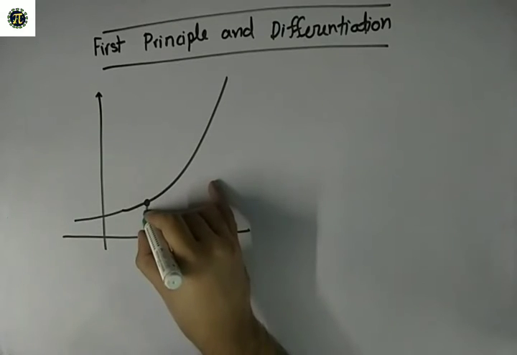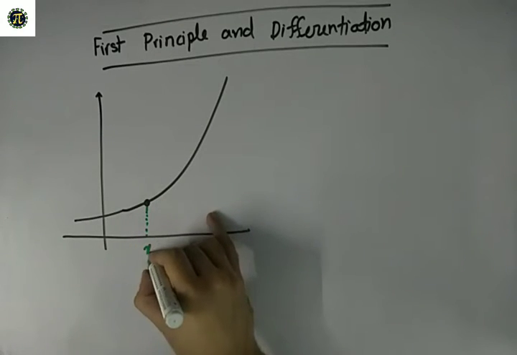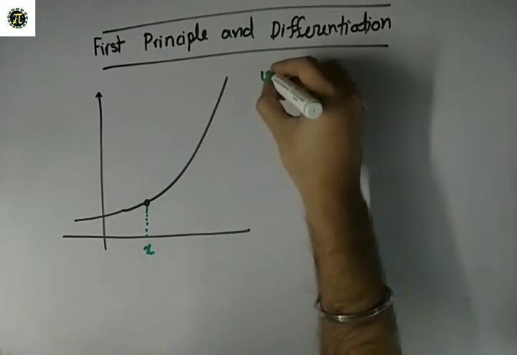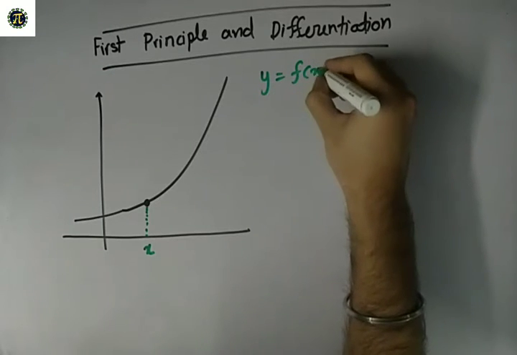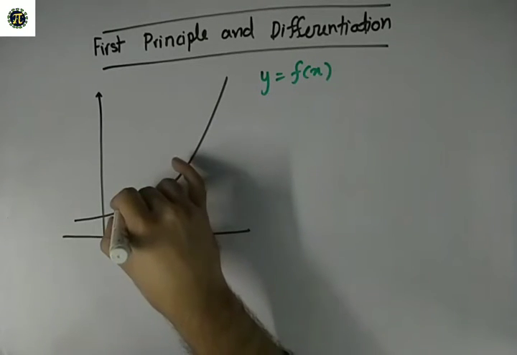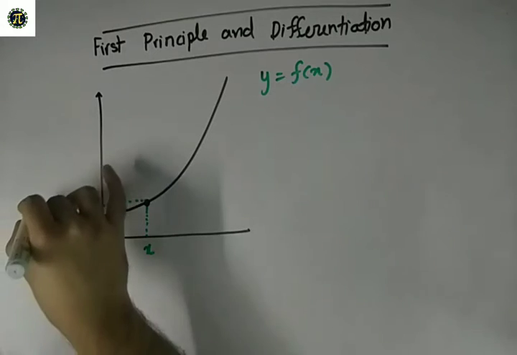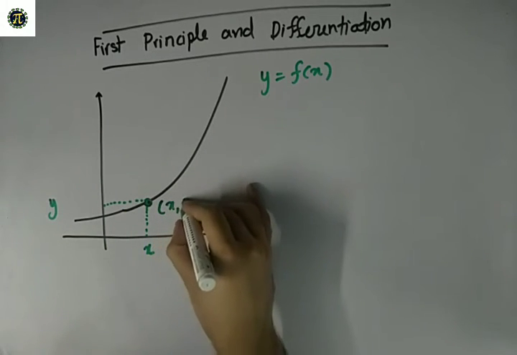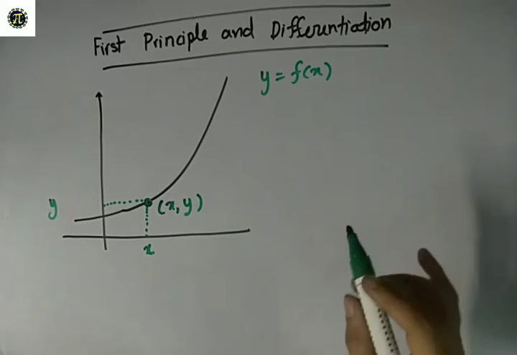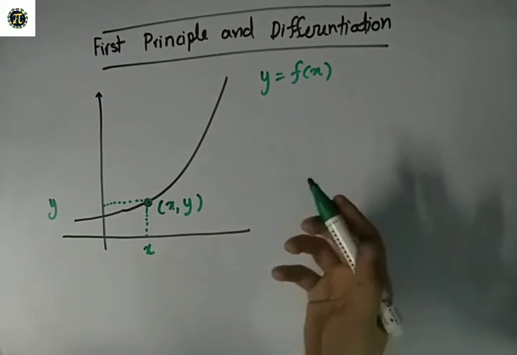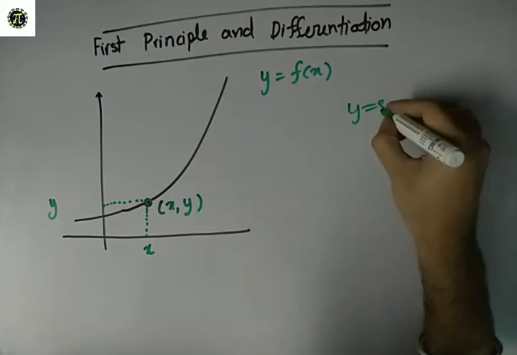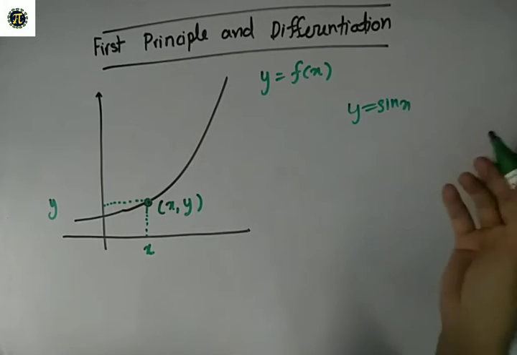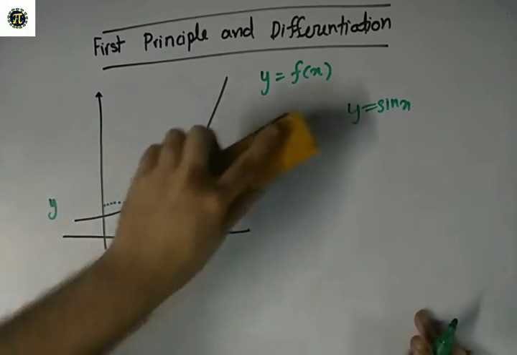So let's talk about this point x on the curve y is equal to f(x). I can mark my y coordinate as y, so I can have a general notation like (x, y). If you have some idea about functions, y is equal to sine x, or y is equal to any other function of x.